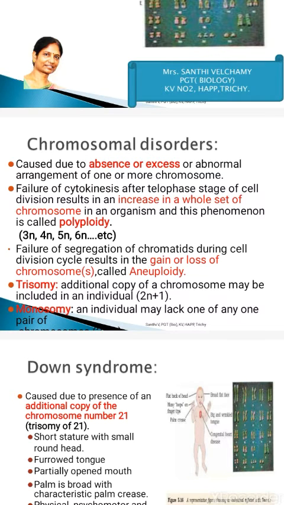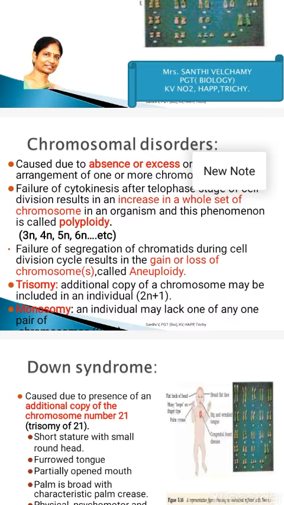In case it occurs in one particular chromosome, if one single number increases, you call that trisomy. It means a particular chromosome will be present three times instead of two. That's why you call that 2n plus 1. So they have the diploid condition, and apart from that there is an increase in a single chromosome, which you call trisomy.